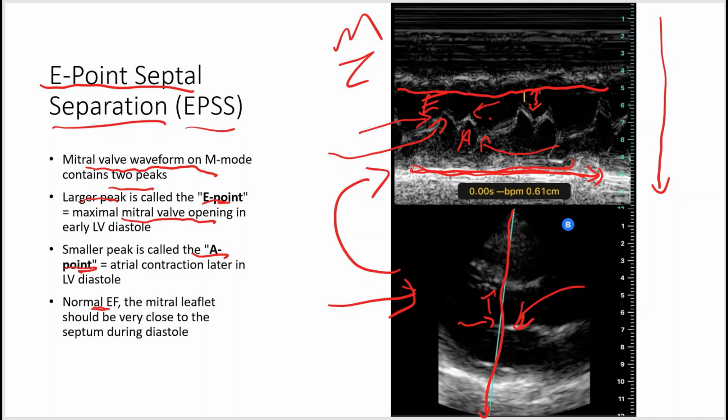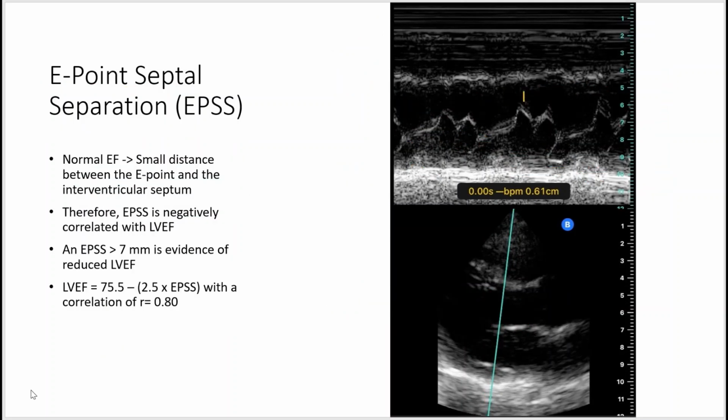In normal EF, the mitral valve leaflet by visualization is very close to the septum during diastole. I also want to mention that the E point peak is larger than the A point because initially that's where most of the left atrium blood flows into the left ventricle. In people with normal EF, the distance between the E point and the septum is small.